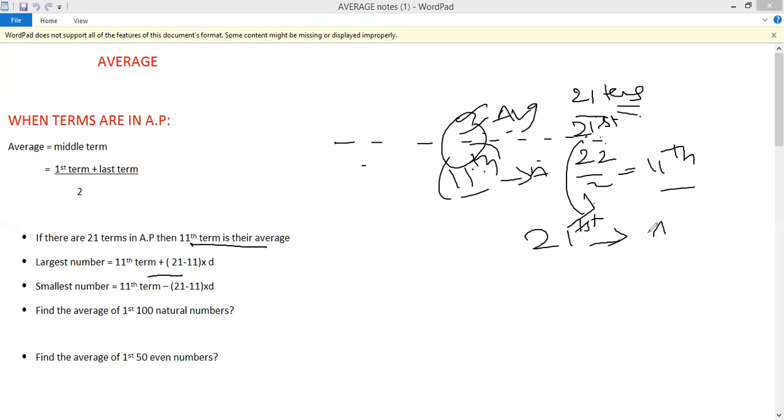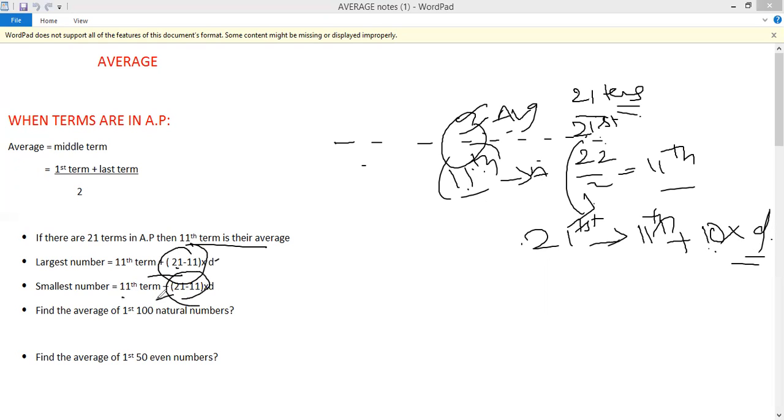So the 11th term plus the gap between 21 and 11, which is 10. If the numbers are in AP, the common difference is D. So it is the 11th term plus 10 into D. Similarly, the smallest is the 11th term minus 10 into D.